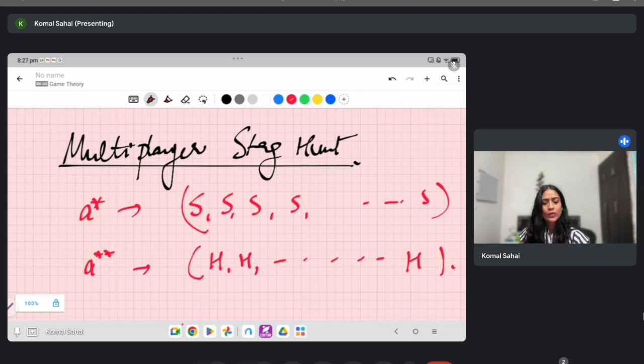In this case, no one can benefit by deviating because if any one player, suppose any player i, इनमें से कोई भी एक प्लेयर i अगर hare के तरफ डेविएट कर जाता है, उस प्लेयर का अपना पे ऑफ ही कम हो जाएगा because everyone prefers a share of the stag as compared to a rabbit, which is all to themselves, but the stag is a better deal for everyone. वैसा प्रेफरेंस ही डिफाइंड है ना.